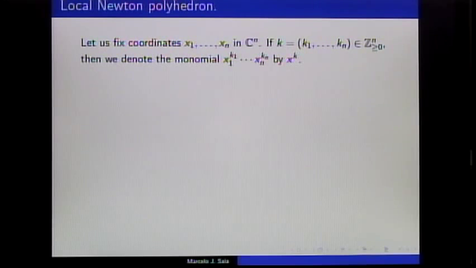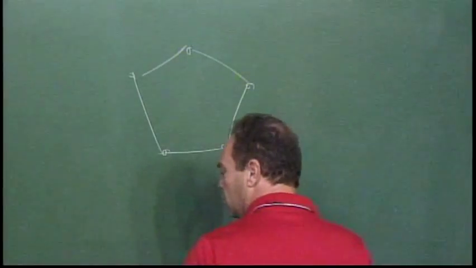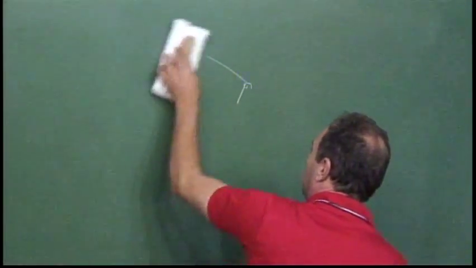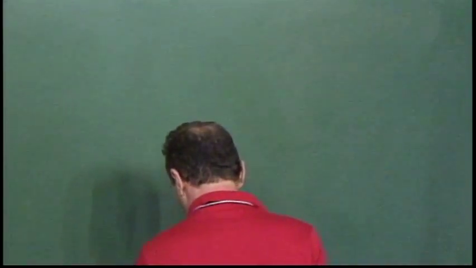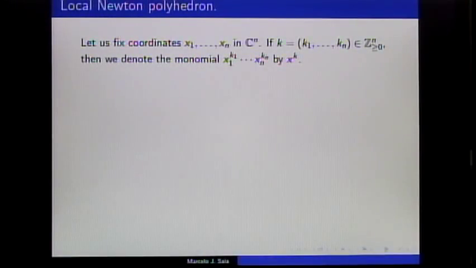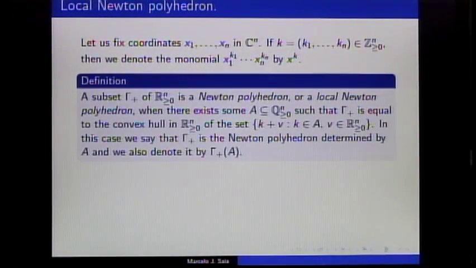Local Newton polyhedron. A Newton polyhedron is nothing else than a convex hull. If you consider a set of points, you can take the convex hull. First, for the local Newton polyhedron, we are not just considering the convex hull of points, but the convex hull of sets.